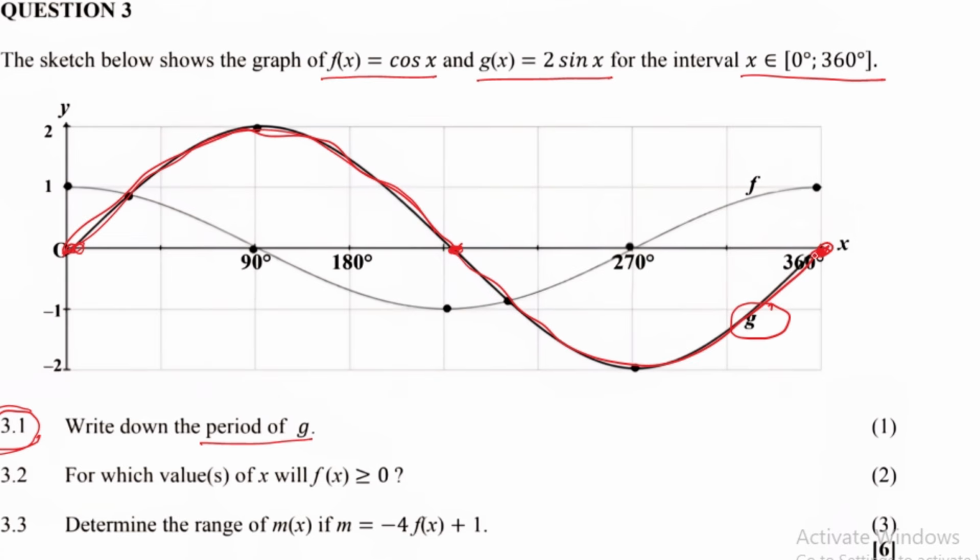So now if I continue moving like this, I get a full cycle. Because if you take this part and shift it in such a way that it is on this part, it will give you a full cycle. Another thing that you need to know is the behavior of the graph. This graph started by decreasing on the positive y values.